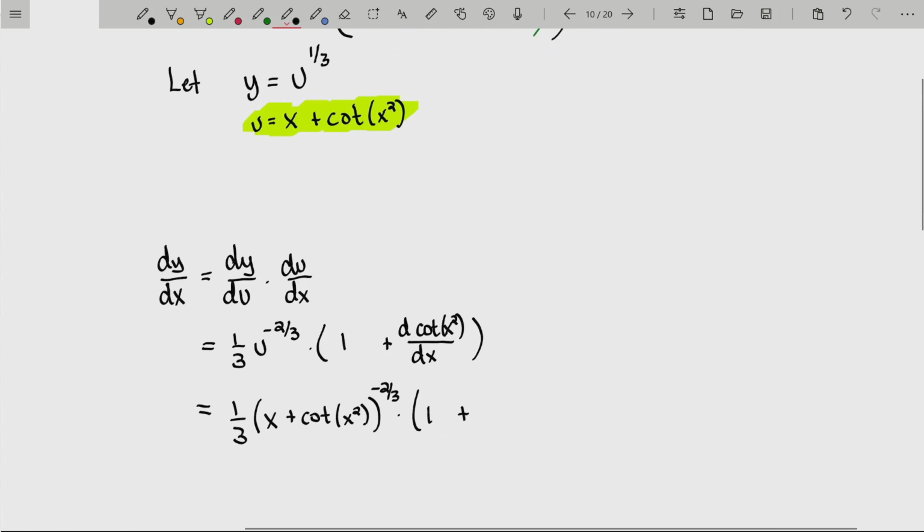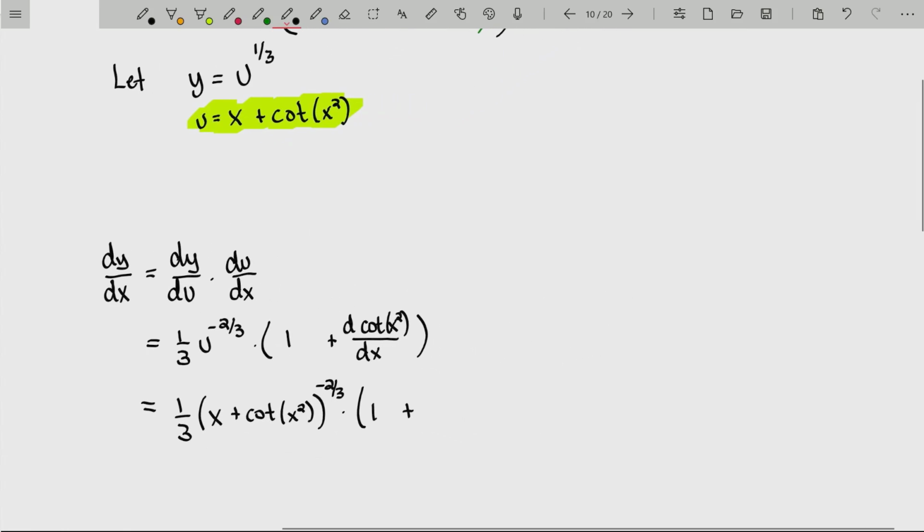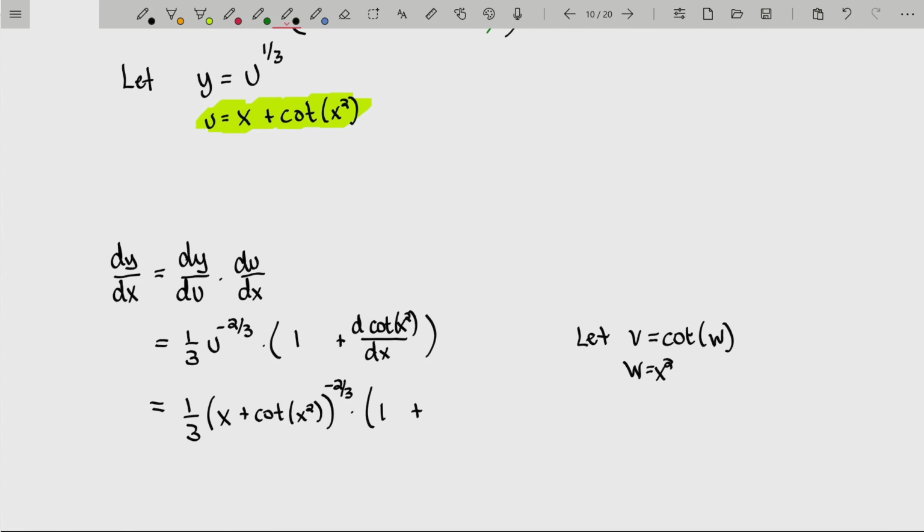So I'm going to go ahead off to the side here and say, well, we'll go ahead and let v equal the cotangent of, well, let's call it something else. w maybe, right? Where w is x squared, right? And so the derivative of v with respect to x is really what we're asking to compute here.